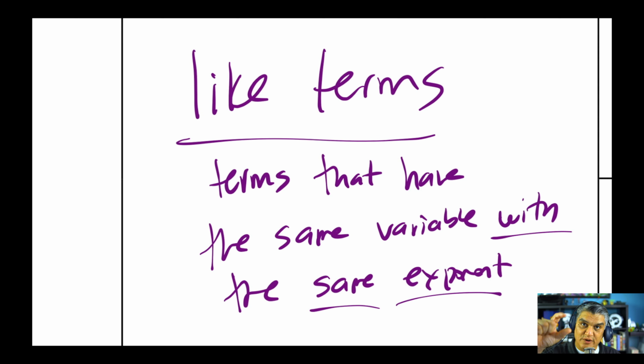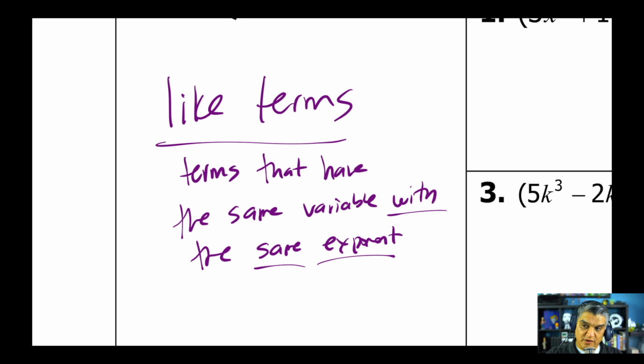If you see an x squared and an x cubed, not like terms, because one is to the second power, one's to the third power. They have to have the same exponent. And that's it. Combine like terms, and make sure you look at the sign in front. And if we're combining or adding or subtracting polynomials, remember I told you polynomials sometimes are put in parentheses because a polynomial sometimes represents one thing, even though it has multiple terms.